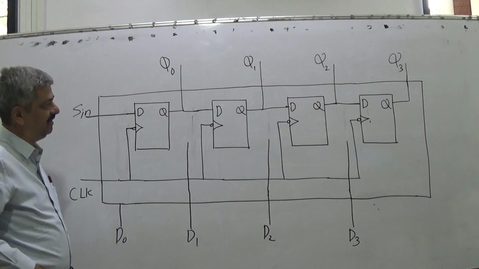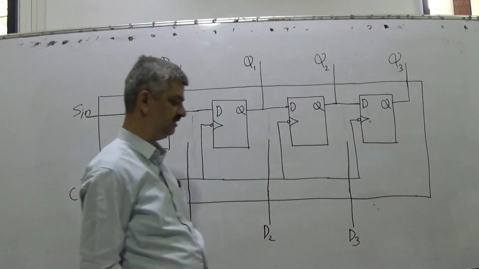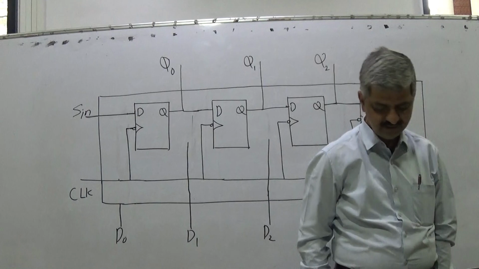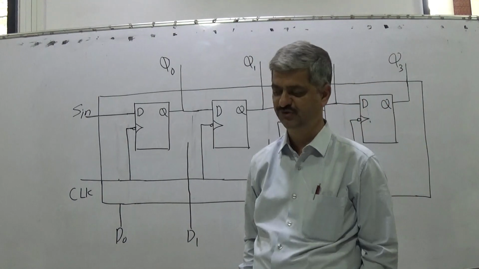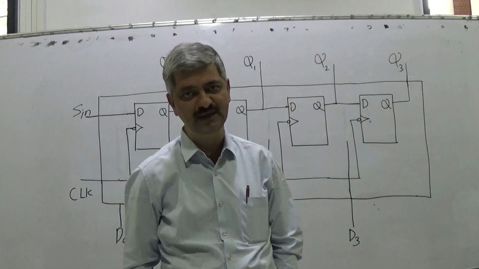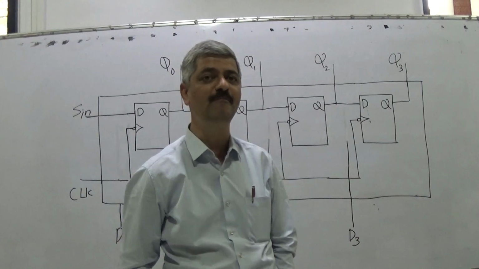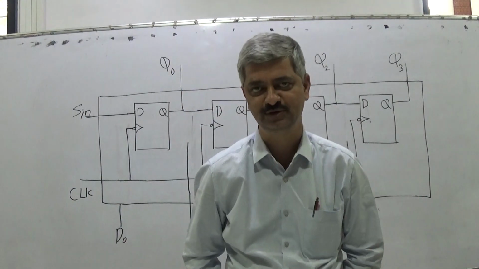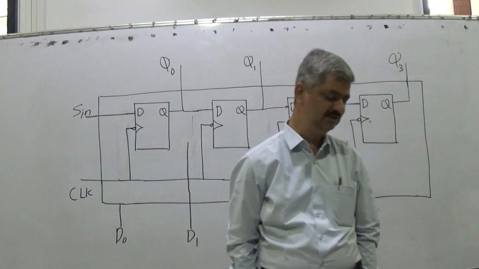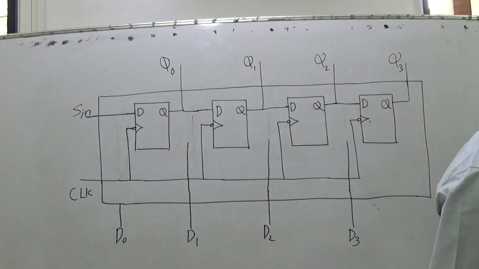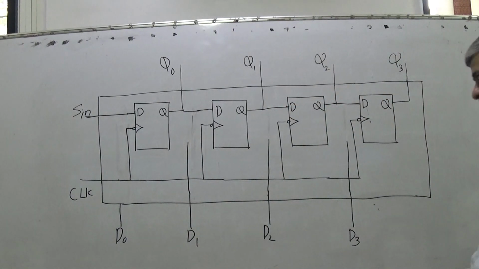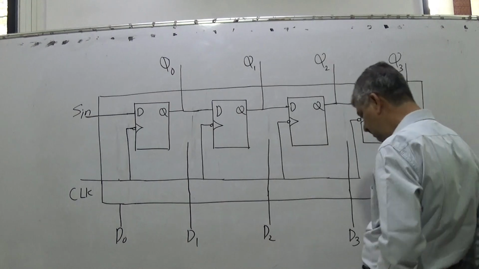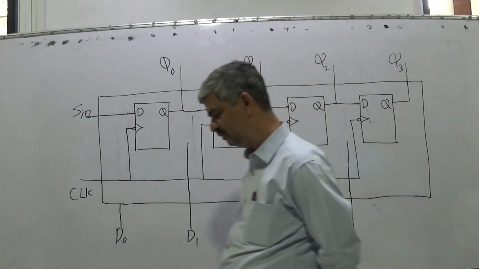It's a very interesting situation: now the inputs to the D flip-flops are coming from the previous flip-flops' outputs. Input to a flip-flop is coming from the previous flip-flop's output. In such a situation, what is going to happen?